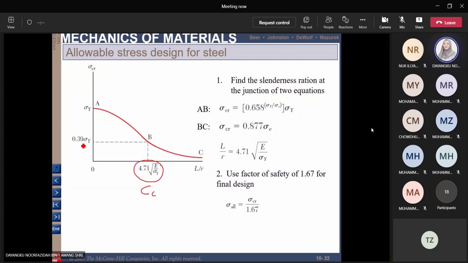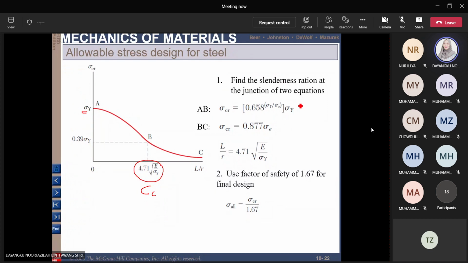If it is not given to you or it is not lined up for you, you need to draw it yourself. Find the value of sigma y, which is the maximum in the graph, get the value of 0.39, and then plot the value on the graph. Whatever value it is, it will be this point here, so CC here. Then we will have the critical stresses.